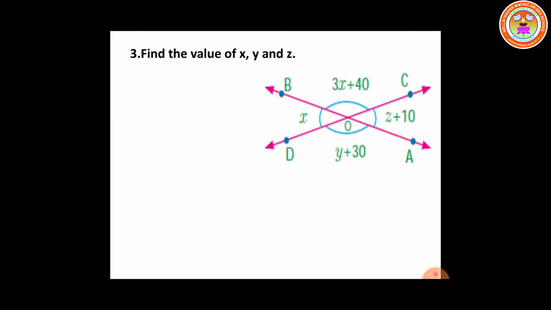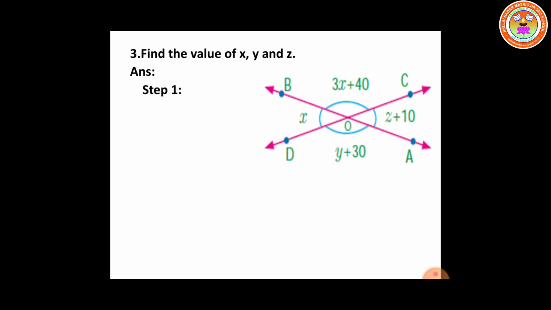We know that angle COD, or DOC, is a straight line. Straight line means what kind of angles are formed?